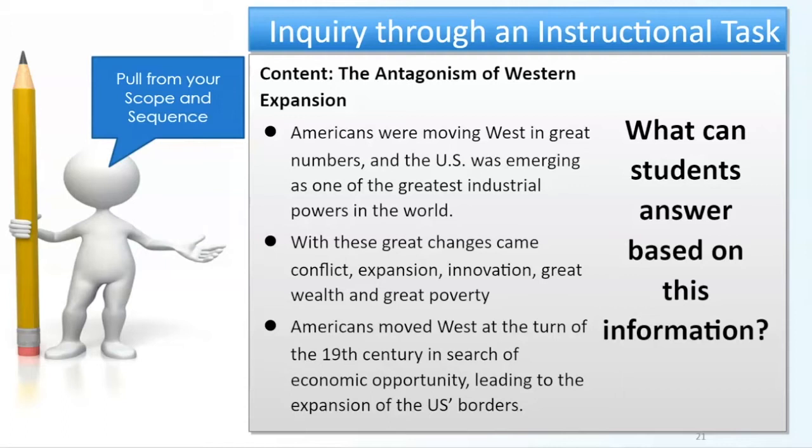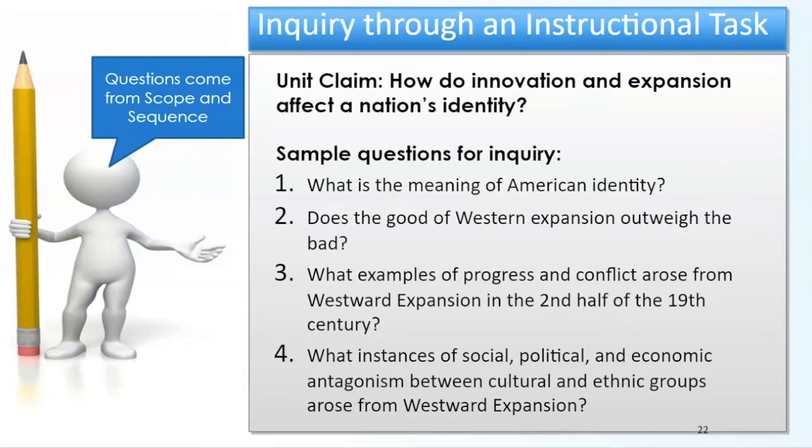If we are using an inquiry-based instructional approach, we want to use the unit claim to drive that instruction. How do innovation and expansion affect a nation's identity? Well, we're going to go to the scope and sequence and pull those supporting questions or other reference questions in order to better make connections.